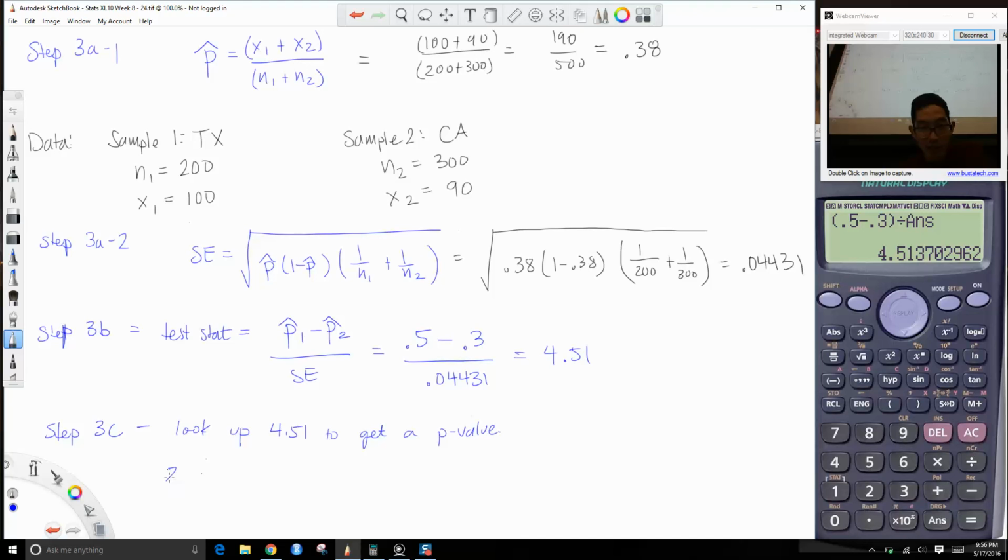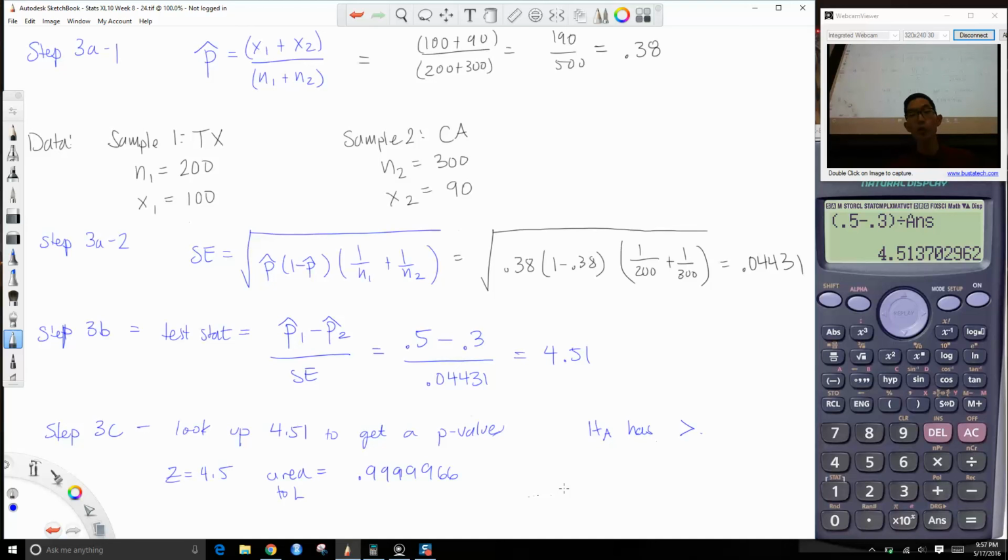So z equal to 4.5 gives an area equal to 0.999996, six nines, okay? So that's the area to the left. Okay. Because if we check out our alternative, the alternative has a greater than sign, right?